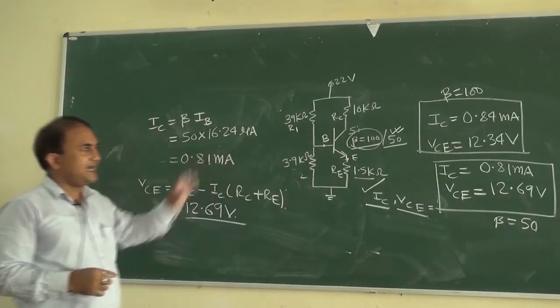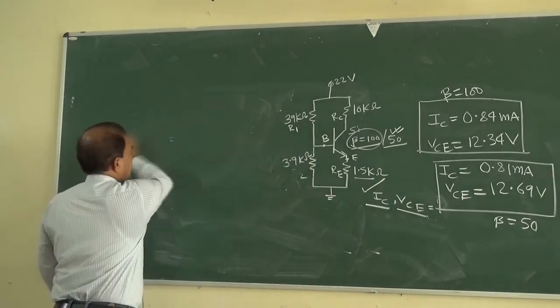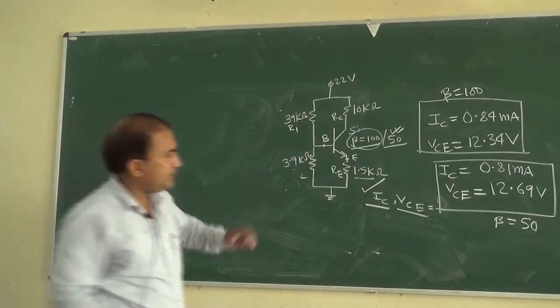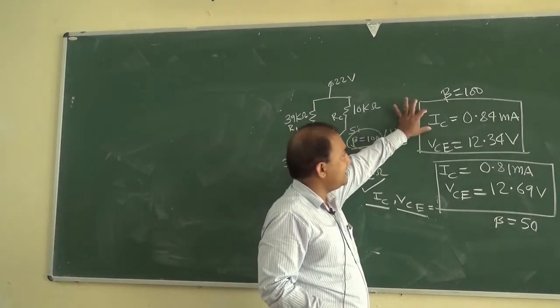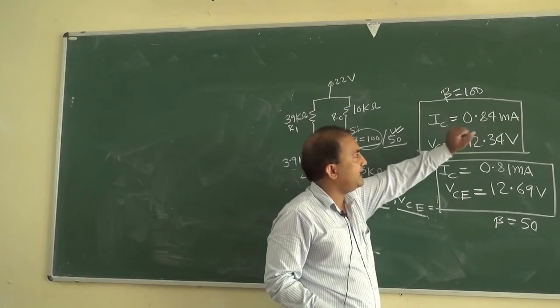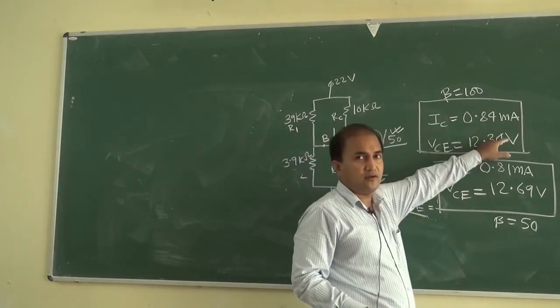So what are we saying? When beta is equal to 100, the value of IC is 0.84 milliampere and the value of VCE is 12.34 volt.